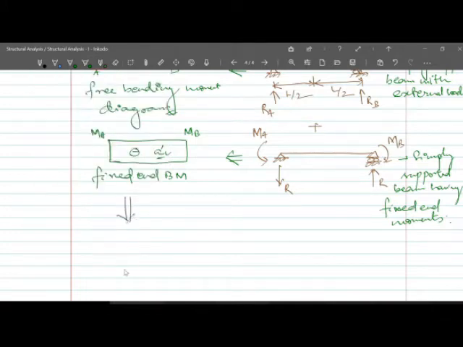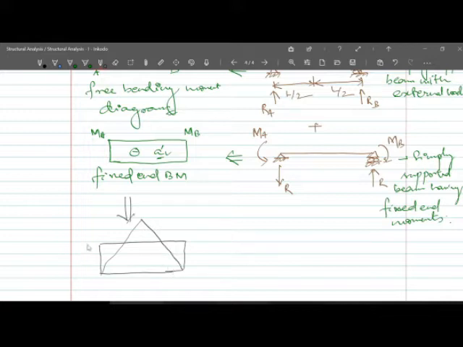Okay, the net bending moment diagram will be the combination of the two bending moment diagrams, like this.